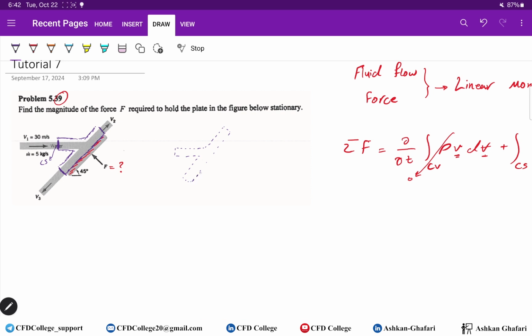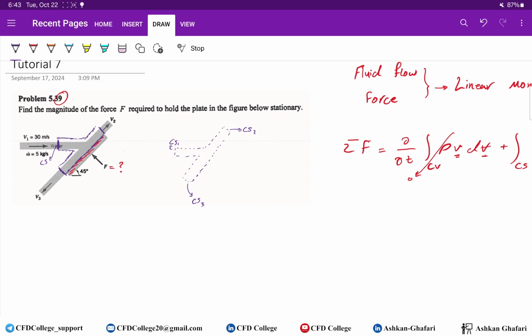and also it should be parallel to any wall that you have. So this is parallel to wall. Control surface 1, CS1, CS2, and this is CS3 are control surfaces perpendicular to the flow.